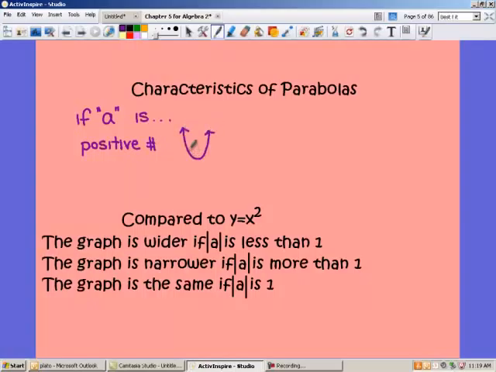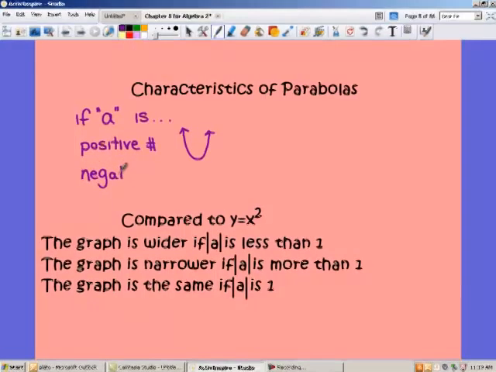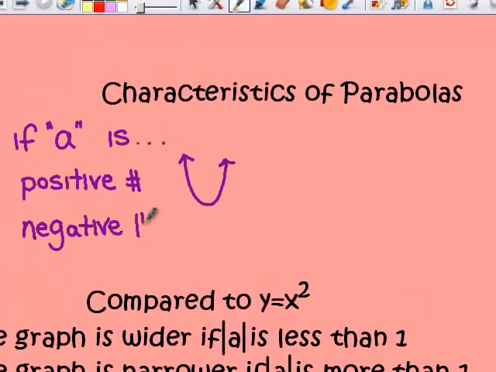So these two parts of the graph are going to shoot up. And then if it's negative, then it'll go down.